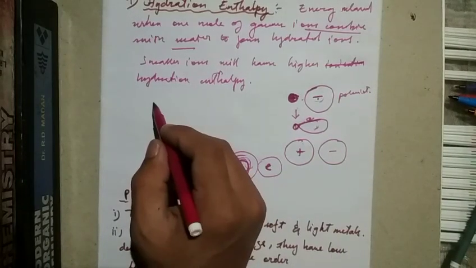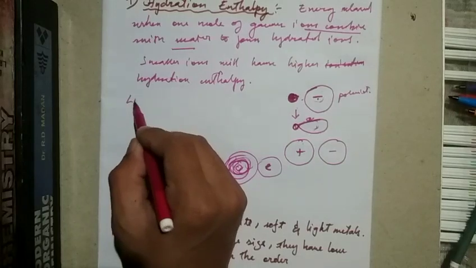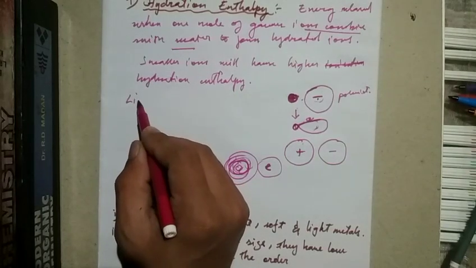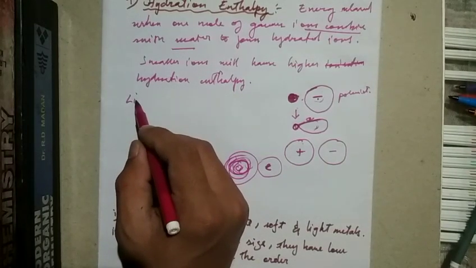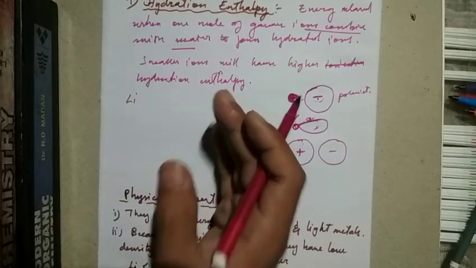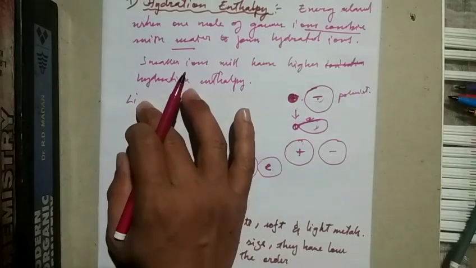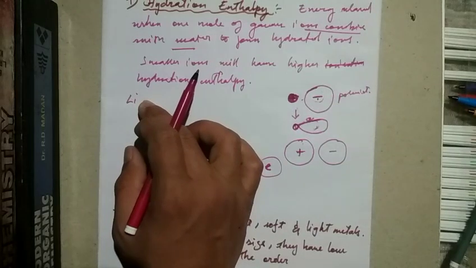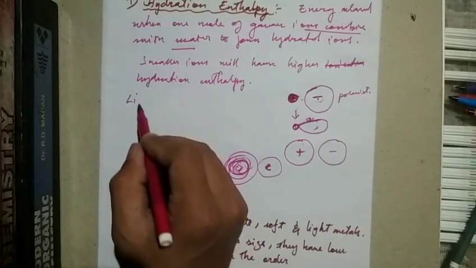Now let's come here. Lithium, with a smaller size, will have the highest polarizing power, so it will have the highest hydration enthalpy.